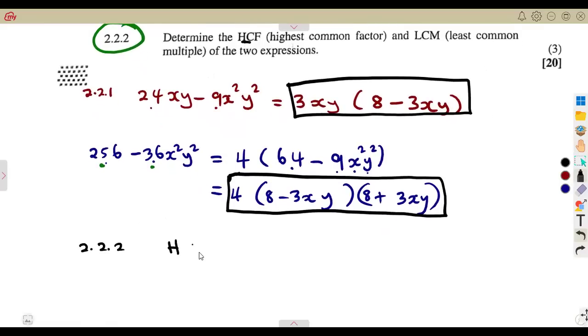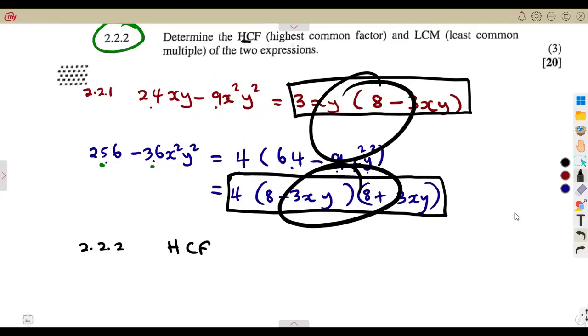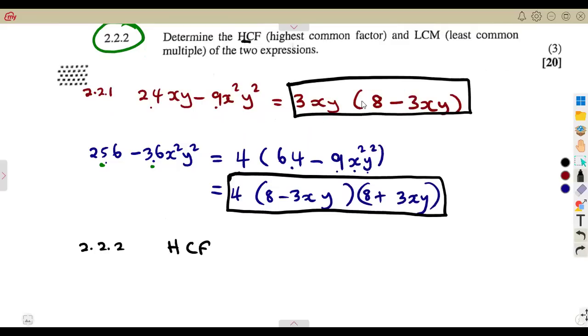Remember, the highest common factor is supposed to be a factor that is common throughout. We see it here. We also see it here in this one that is factorized. So outside of the brackets, do we have a highest common factor? No. There's a 3, there's a 4. There's xy here. We do not have that. So there is nothing.